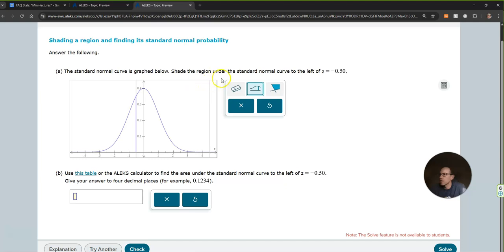And then we have to look carefully if we're going to the left or the right. So in this case, we want to go to the left. So we'll shade everything to the left of negative 0.5. Now, this still doesn't tell us what portion got shaded. However, one thing you should always do on any problem that uses a t-distribution or a normal distribution is draw a picture like you have here, even if it doesn't require you to.